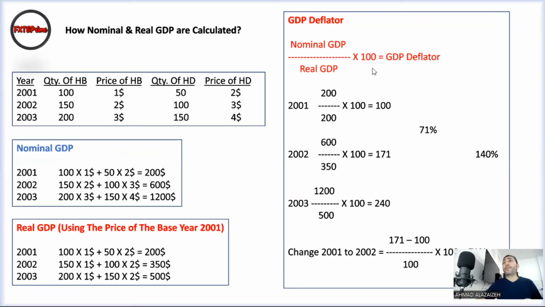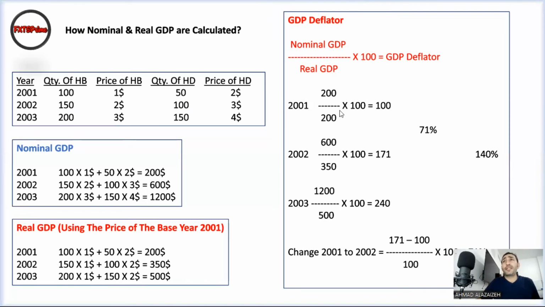So I can flip these two and say nominal GDP divided by the GDP deflator multiplied by 100 will give me the real GDP. When you divide the nominal GDP by the GDP deflator, you come out with the real GDP. So what does the deflator do? It deflates the nominal GDP, reducing it for you to come out with the real GDP.